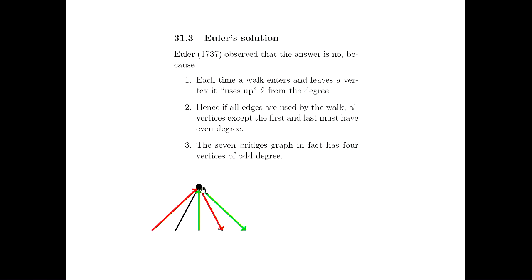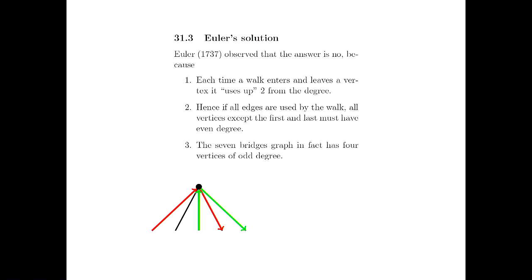So it could be the end vertex of our walk. If we now walked back in and stopped, that would be okay. And it also could have been the beginning vertex, because then we could have used this edge to walk out of it for the first time. But because this has odd degree, and there's nothing special about 5 here, anything of odd degree will be trouble.